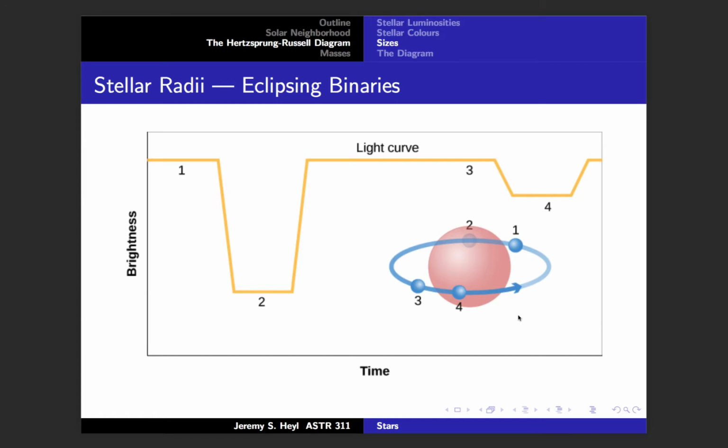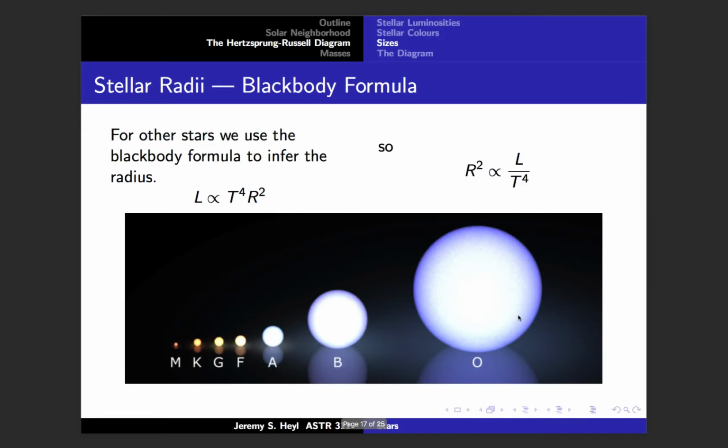But you can see, by these binaries, you can figure out a lot about the stars. You can figure out their physical size, even though we've not gone there, and you can figure out how bright each of them is inherently, even though you don't know the distance. So they're really cool. And there's a few that are really bright. One is called Algol, which we can definitely see from the northern hemisphere.